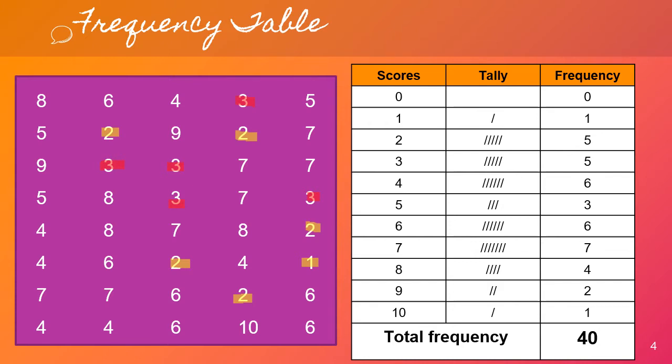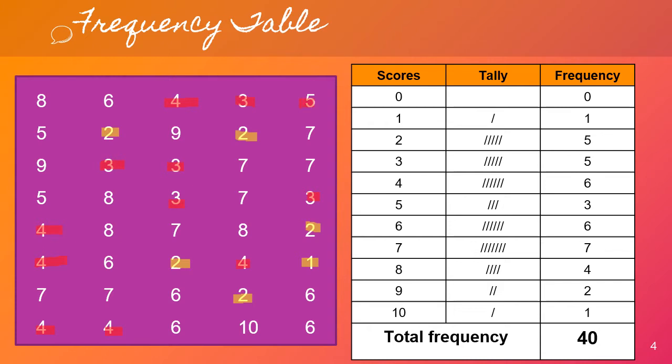So next, let's have 4. We tally 1, 2, 3, 4, 5, 6. So the tally of 4 is 6 and the frequency is also 6. Next, 5.